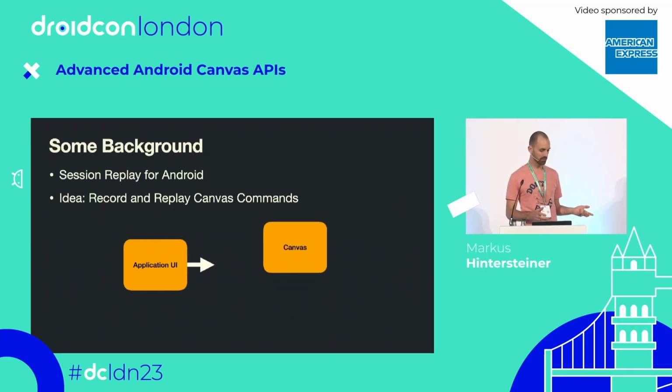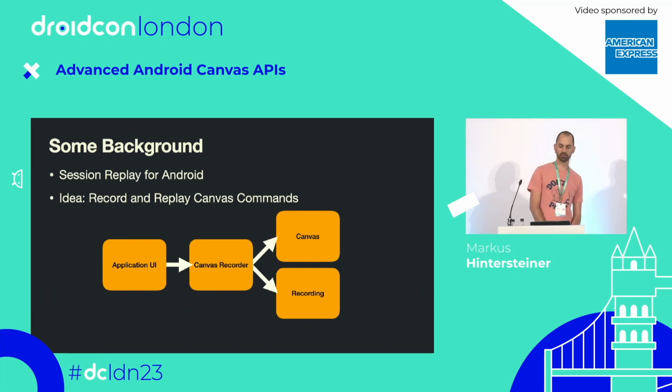Now we would come in and intercept this. We would install a canvas recorder, which takes all the canvas commands and, on the one hand, forwards the commands to the original canvas. We still want the pixels to be drawn, but on the other hand also saves the commands into a recording, so you could later browse on sentry.io, replay the recording and see what was going on.